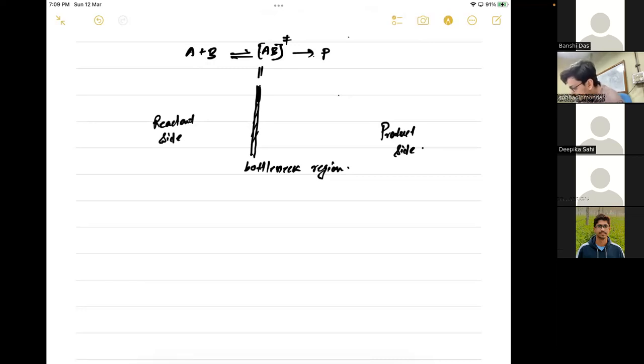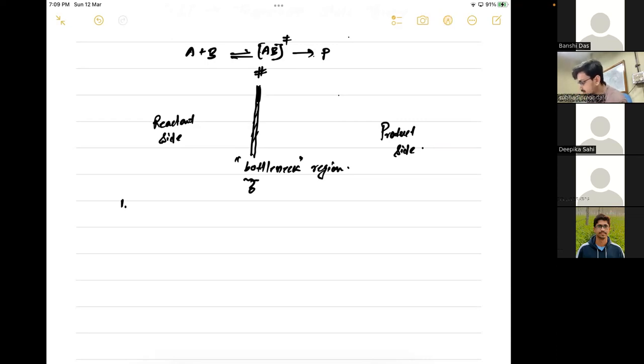And this is the activated complex, which is called the bottleneck region. There is some length scale associated with this region, right? Which is delta, because there is some length scale associated with the activated complex also.